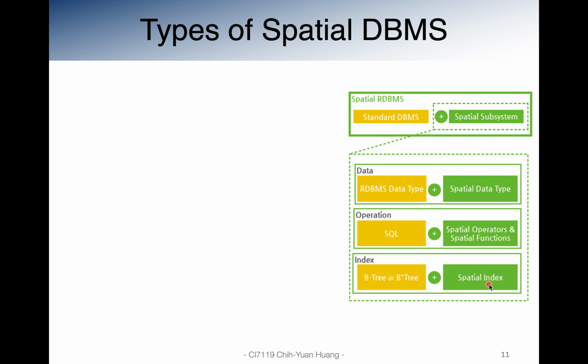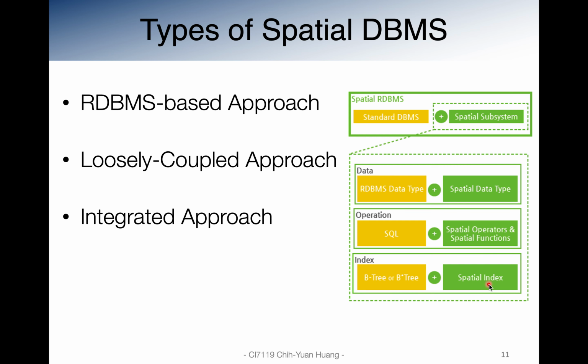In general, there are three ways, or three types. The first is the RDBMS-based approach, which uses the relational database management system to build the spatial database management system. The second type is the loosely coupled approach, which means that you separate the general DBMS from the system that handles the spatial data.